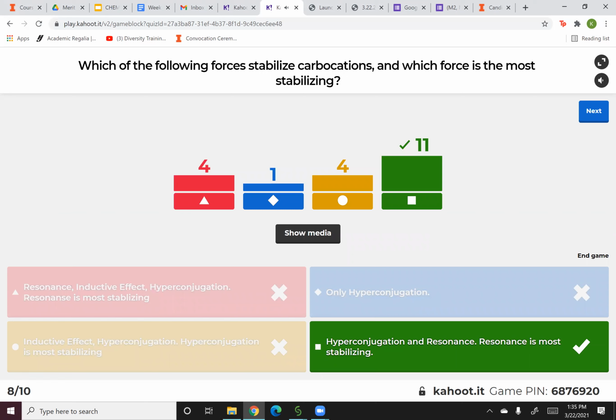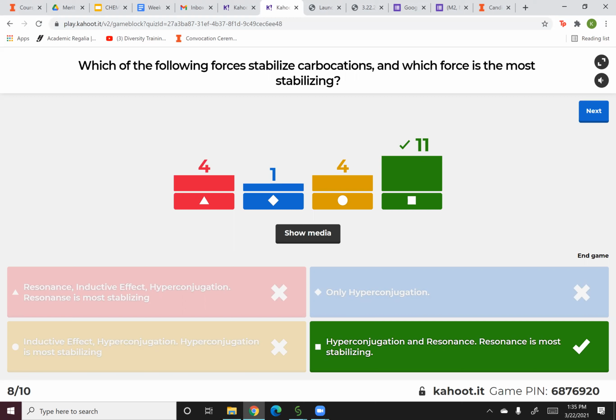All right, good, good. So why does hyperconjugation stabilize carbocations? Yeah, Alex? Because the electrons move around the... Yeah, so that would allow some electrons to flow to... Perfect, perfect.